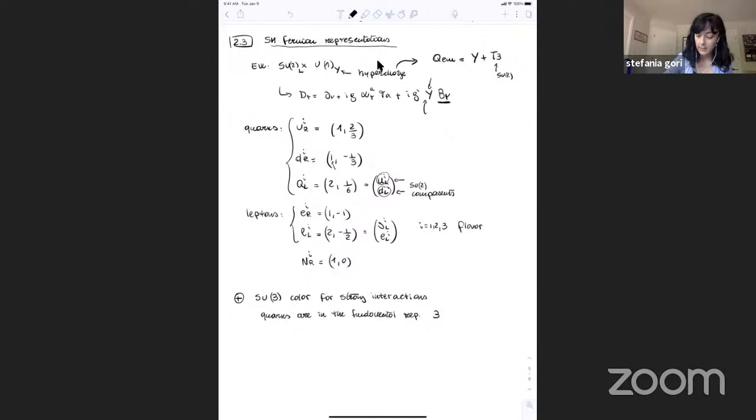And also one message that I wanted to give from here is that we have learned that all these electroweak interactions are fully described by 2 coupling constants.